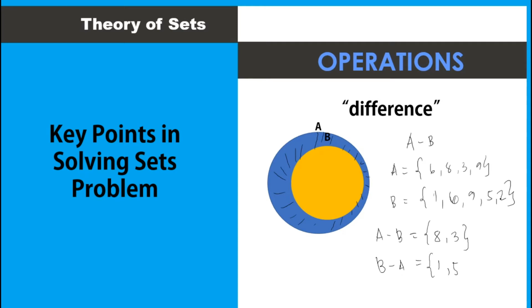And 2 is not contained in set A, so we have 2. So B minus A, the elements in B that are not in A, is 4, 5, and 2.